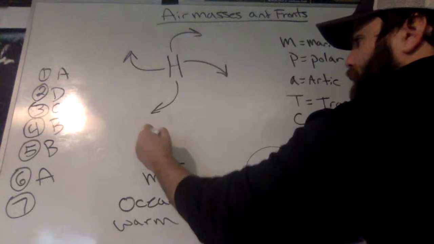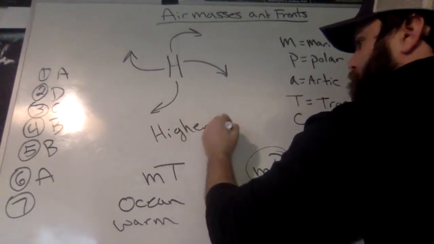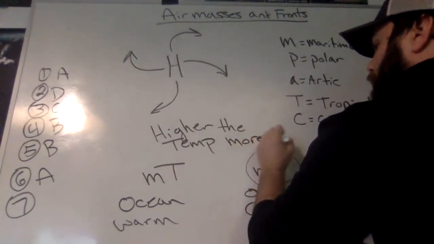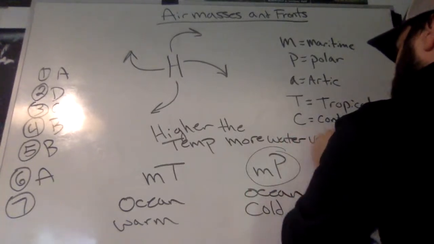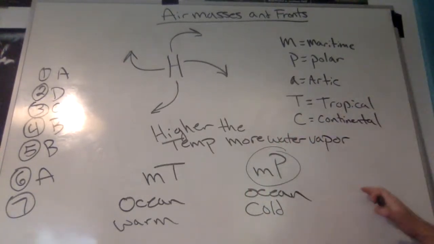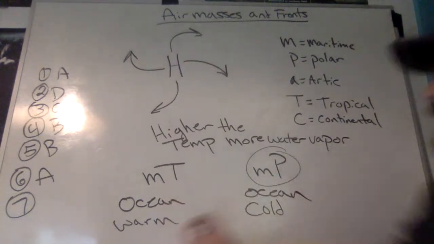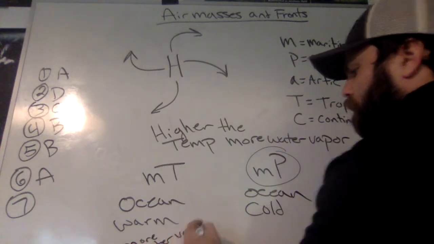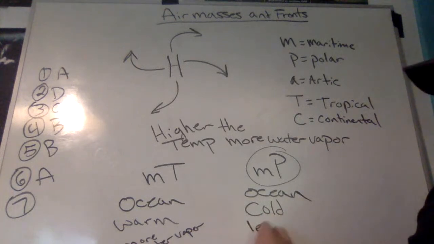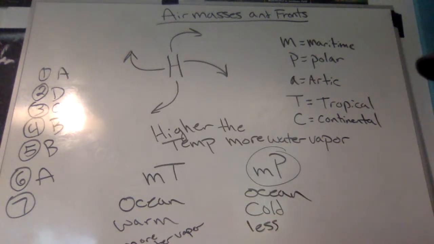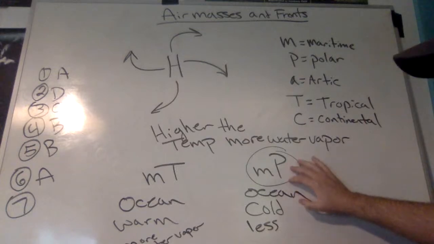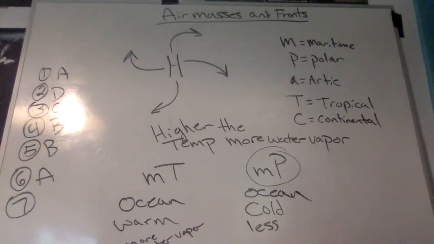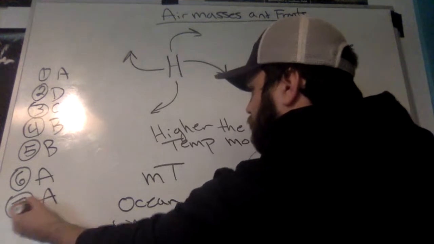So the higher the temperature, the more water vapor. Maritime tropical has more water vapor, whereas polar has less. So for number 7, maritime polar has a lower temperature than maritime tropical and also has less water vapor because it's colder. So number 7 is going to be A.